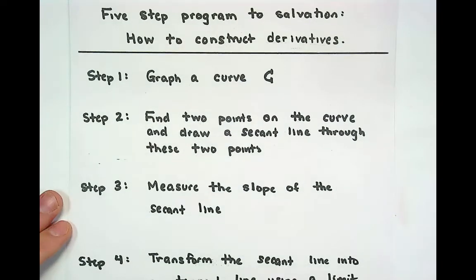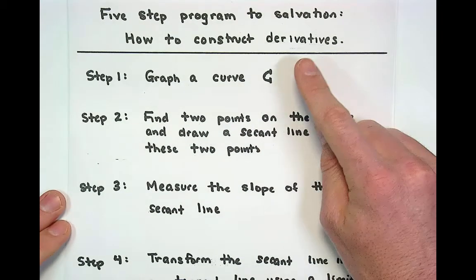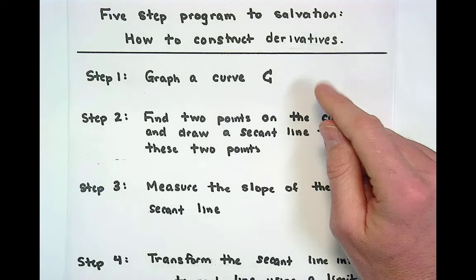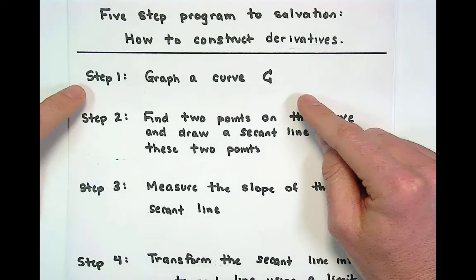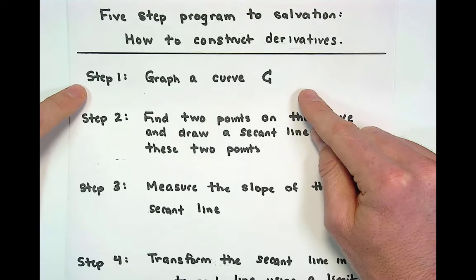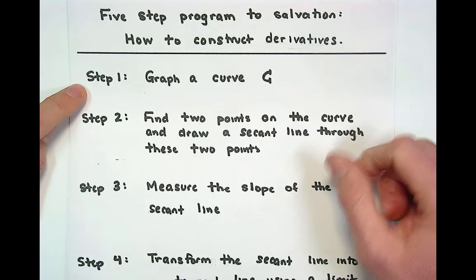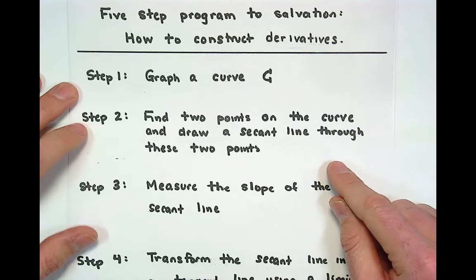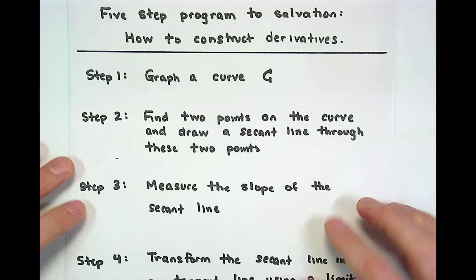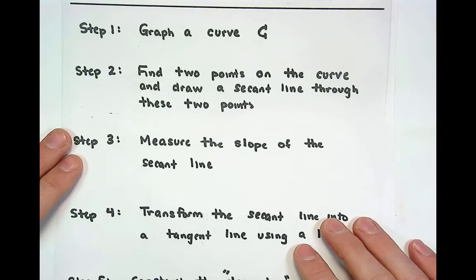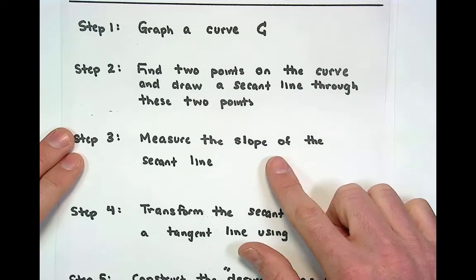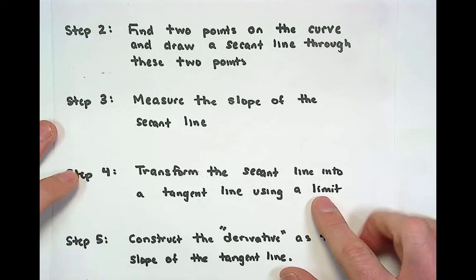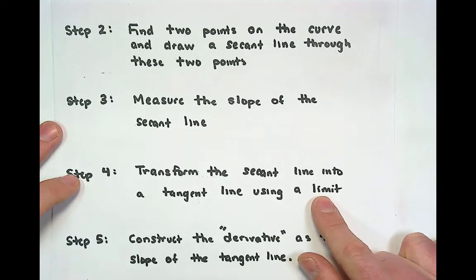Remember always, the 5-step program to salvation, aka how to construct a derivative. Step 1 is to graph a particular curve, C, we'll call it. Step 2 is to find 2 points on the curve, and then we draw a secant line through these points. Step 3 was to measure the slope of the secant line. Step 4 was to transform the secant line into a tangent line using a limiting process.